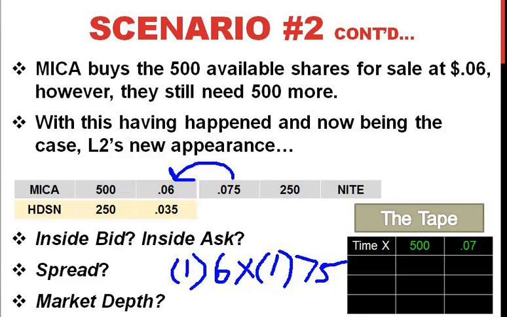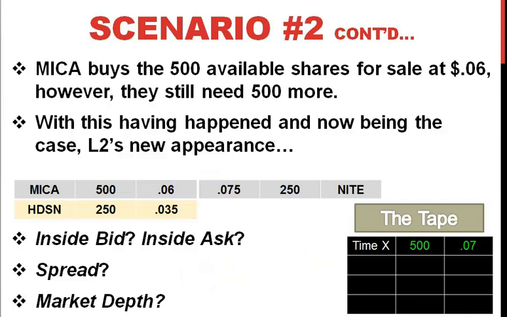And then finally, what did this all look like on the tape? Remember, the tape is showing us the deal that was reached. It's showing us the agreement, and not only that, it's showing us the details of the agreement. So the agreement that was made between the young couple out in the crowd and then VFin and Arca up on stage was this. There were 500 shares bought, agreed to, at a price of 7 cents.